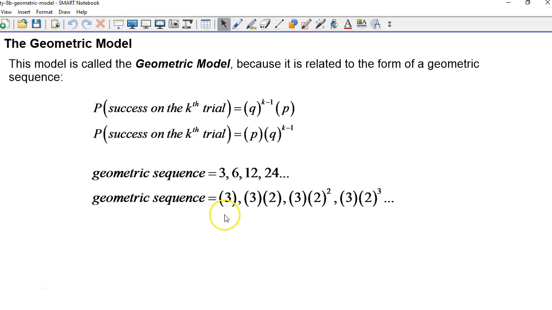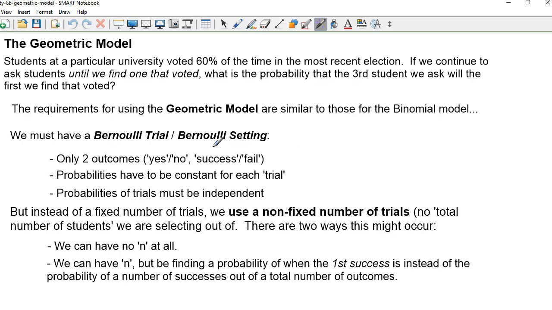If you write the sequence out, it's some starting value times 2 squared, that starting value times 2 to the third, and so on. So one of these terms, a starting value times some multiplier to a power, is the same general form as the probability of success on the kth trial, which is the reason why this is called a geometric model.